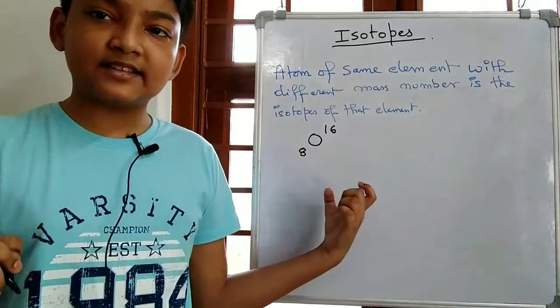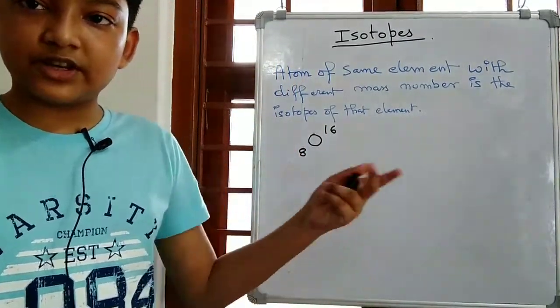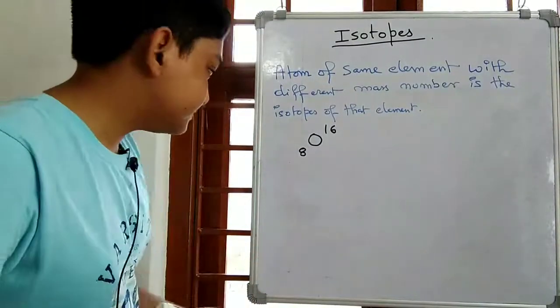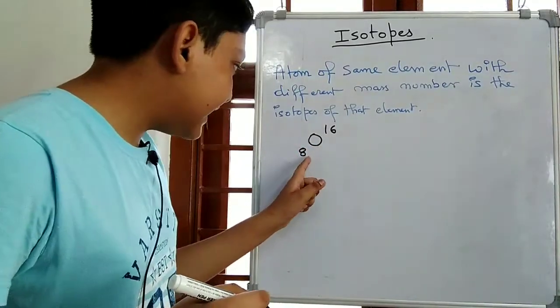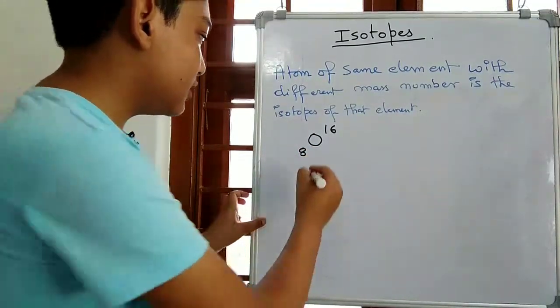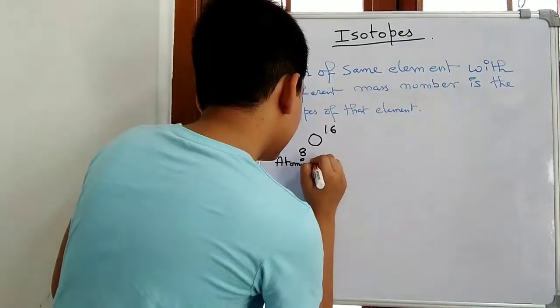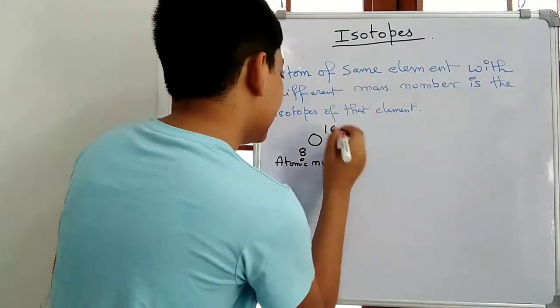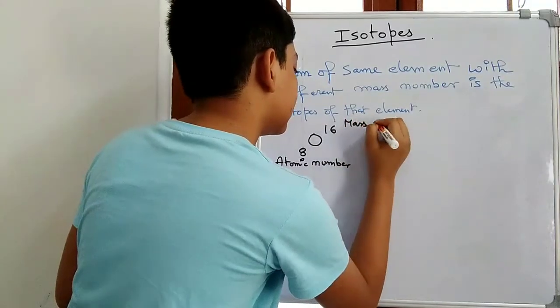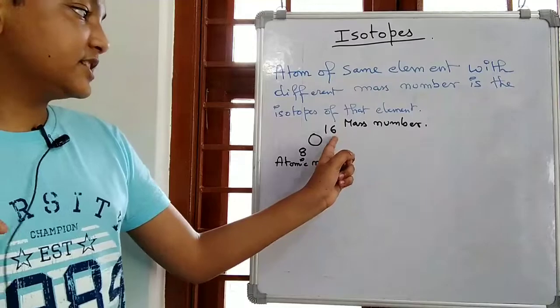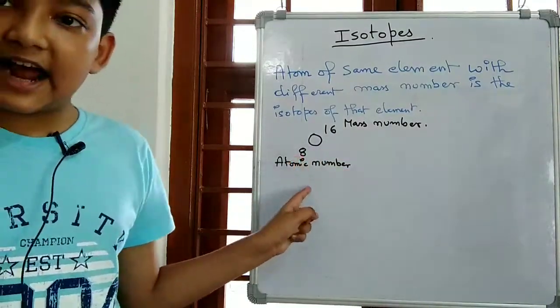This is the configuration we write, as you have learned in my previous videos also. So 8 is the atomic number and 16 is the mass number.